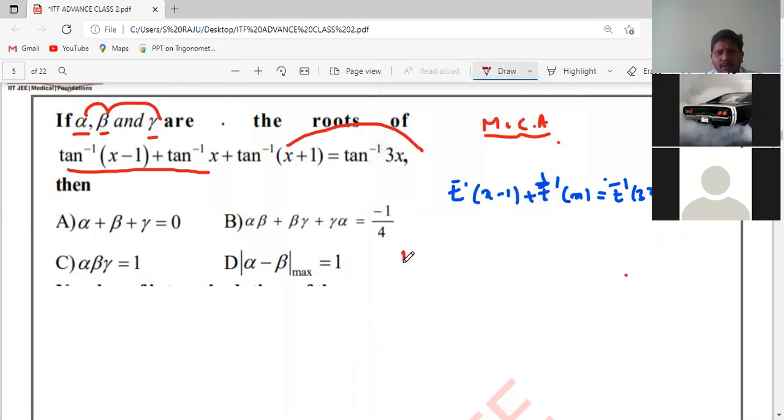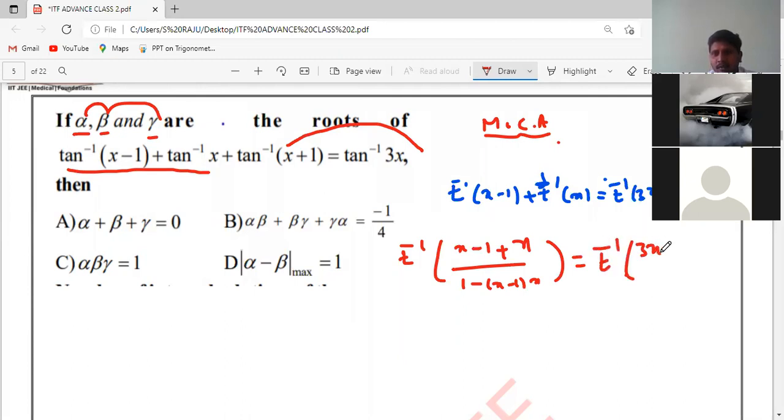Then what is the formula? Tan inverse x plus tan inverse y is tan inverse of (x plus y) over (1 minus xy). So the left side is (x minus 1 plus x) over (1 minus (x minus 1)x). The right side, using tan inverse x minus tan inverse y, is tan inverse of (3x minus (x plus 1)) all divided by (1 plus 3x times (x plus 1)).